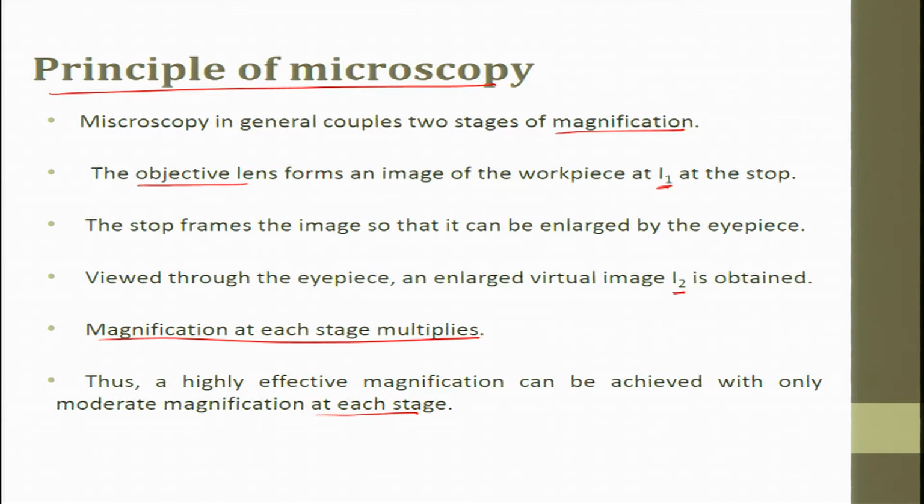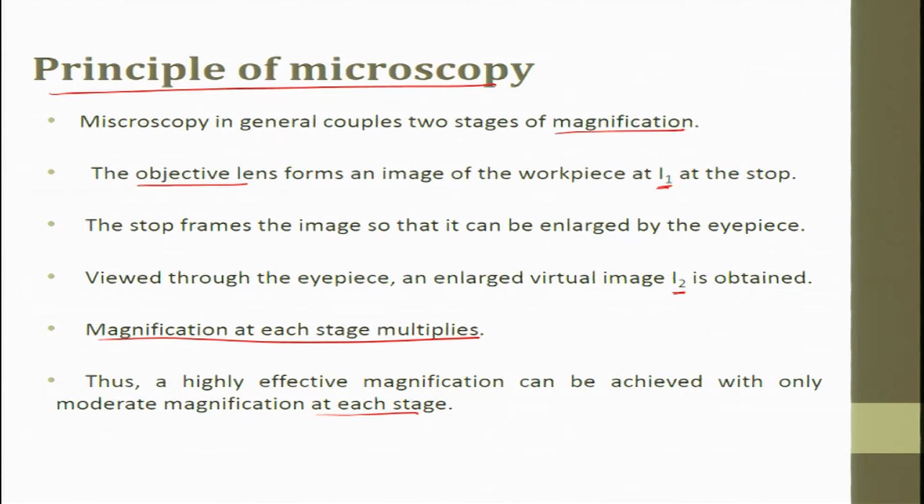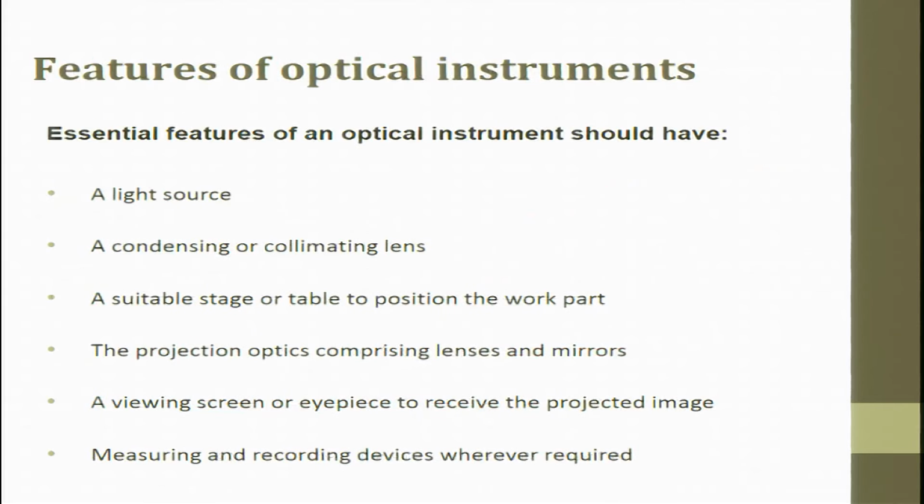View through the eyepiece and enlargement happens at I2, this is I2, okay, this is I2. So, then finally, this is the objective lens, and this is your eyepiece. So, you try to view like this, this is the stop whatever we have talked about, this is the eyepiece, this is the objective lens and here is the plane and here is the work. So, magnification can happen at several stages, thus high magnification can be achieved only by moderate lenses.